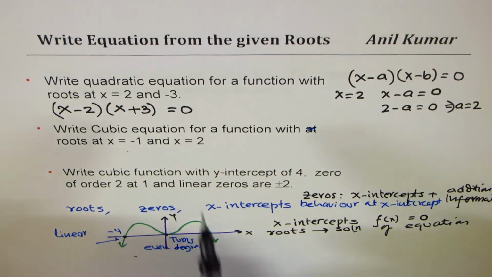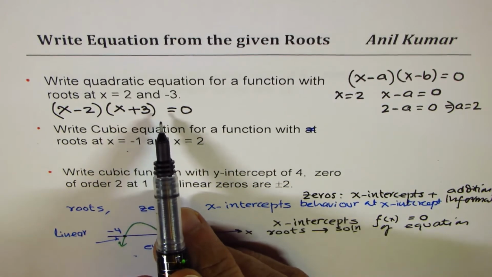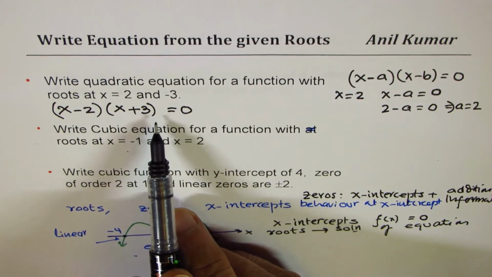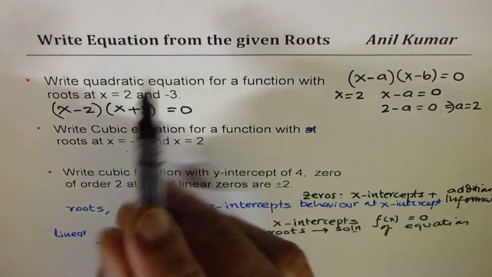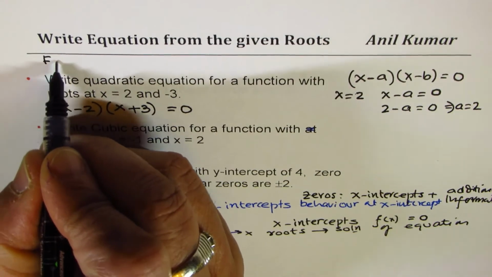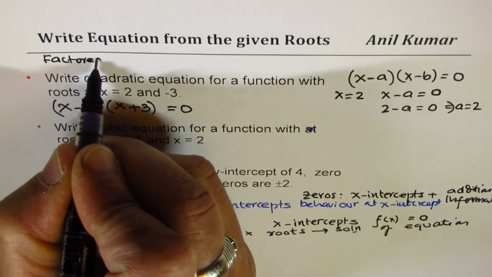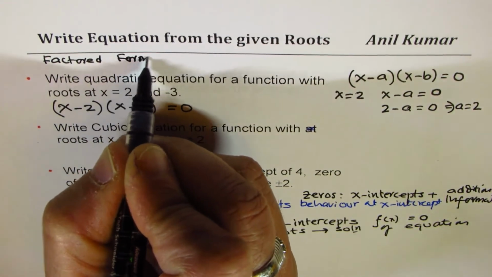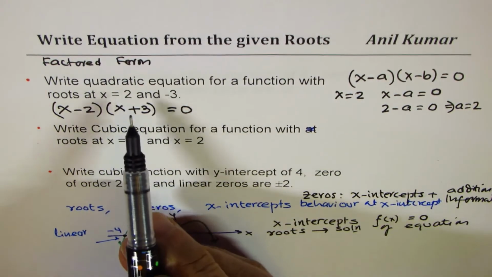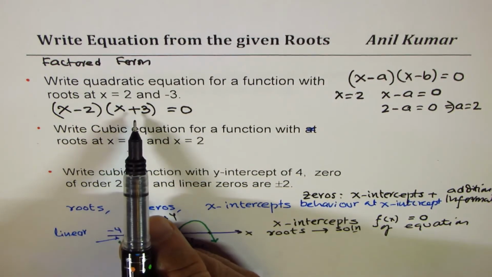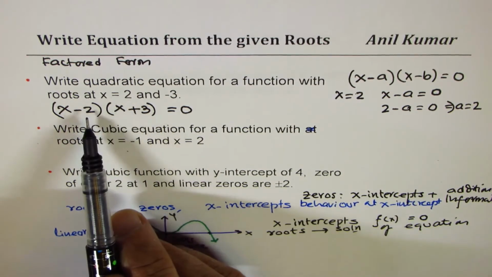At times, you may be required to write this equation in standard form. But here we're just understanding the concept, so we'll write the equations in factored form. Now, if you look at the roots and the equation, you can directly correlate.